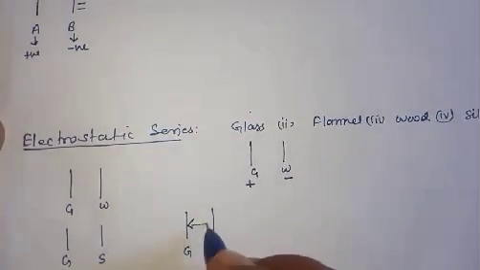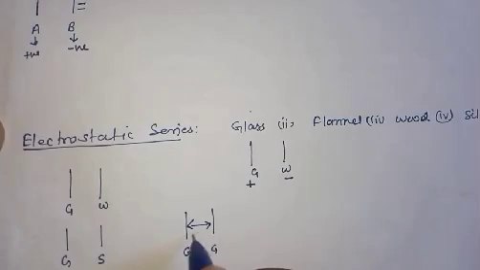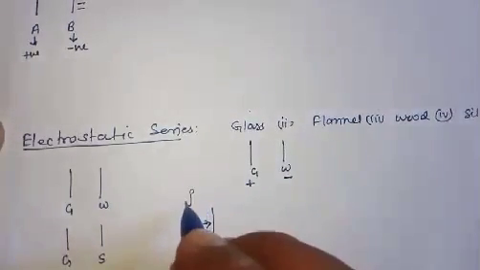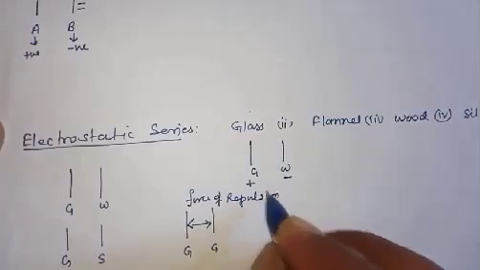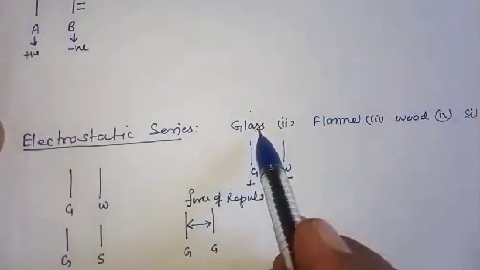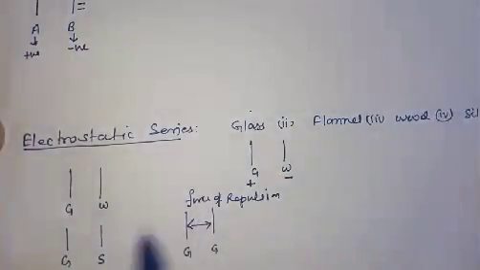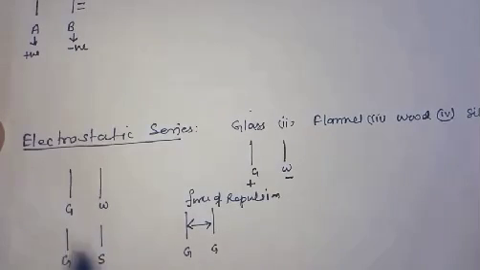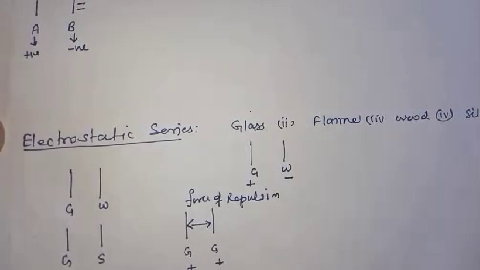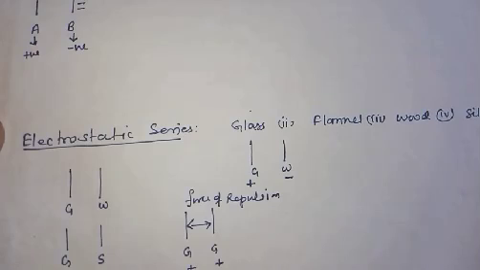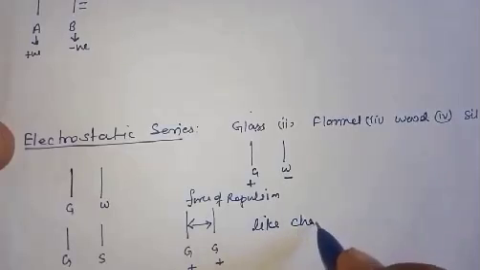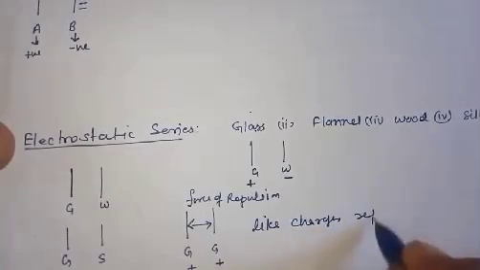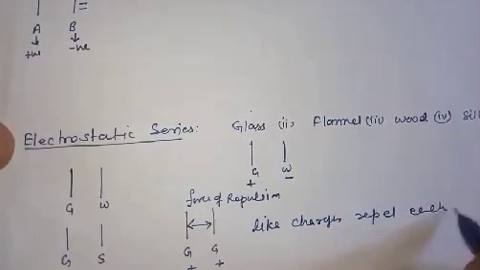You will feel a force of repulsion between these two rods. The glass comes first in the series, so both glass rods acquire the same type of charge, a positive charge. We conclude that positive charges repel each other, that is, like charges repel each other.